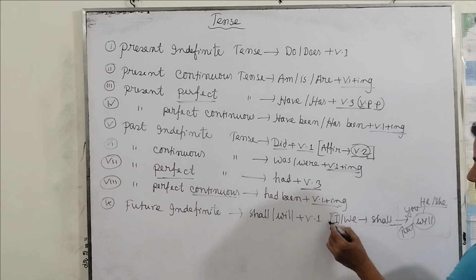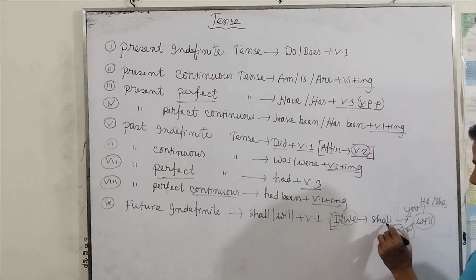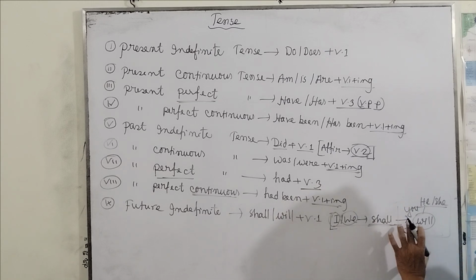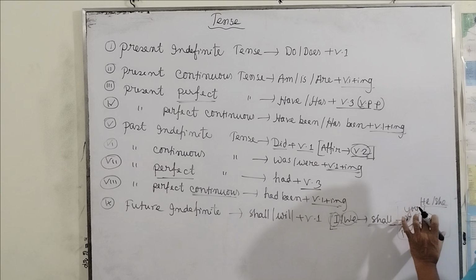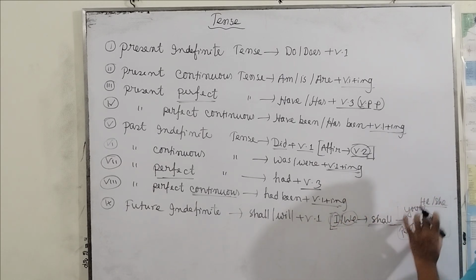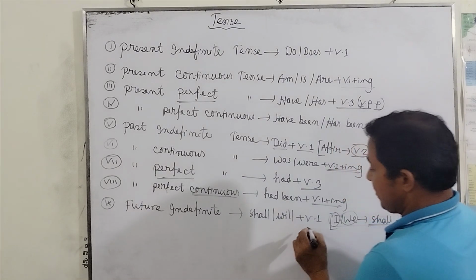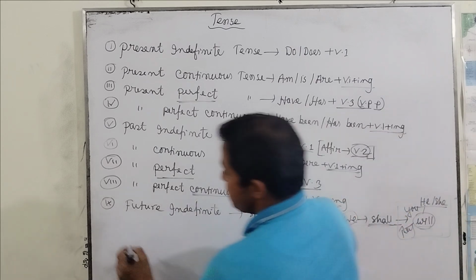Only after I or we do you use shall; except for the first person, the rest must use will. And the form of verb is B1.